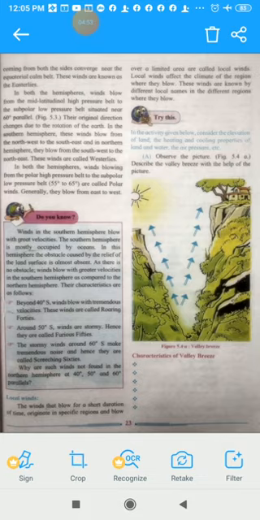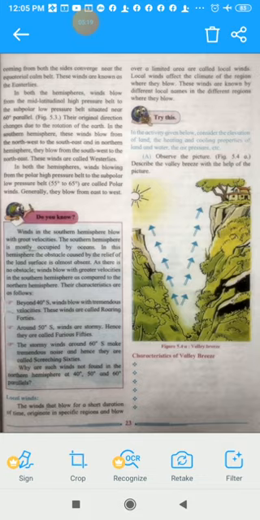Then page number 23, see the paragraph. In both the hemispheres, winds blow from the mid-latitudinal high pressure belt to the subpolar low pressure belt situated near the 60-degree parallel. Now have a look at figure 5.3 again. From the mid latitudinal high pressure belt, that is 25 degree to 35 degree, the winds are blowing upwards towards the subpolar low pressure belt.